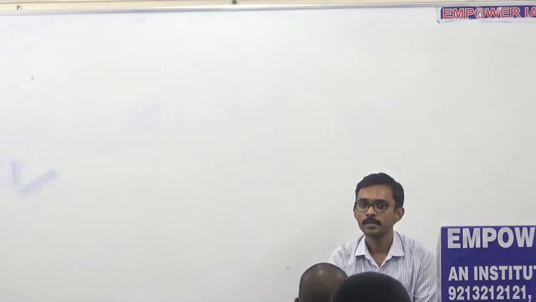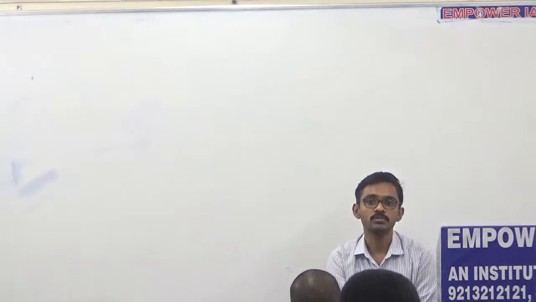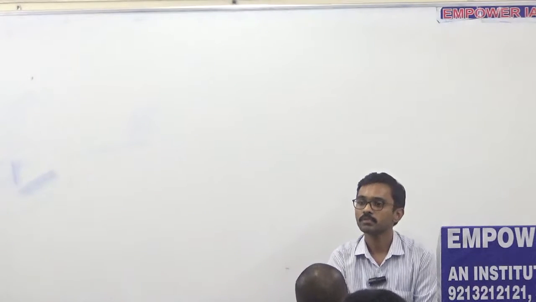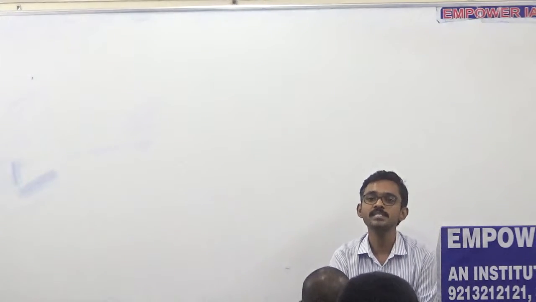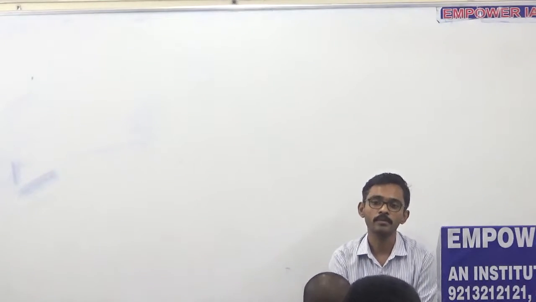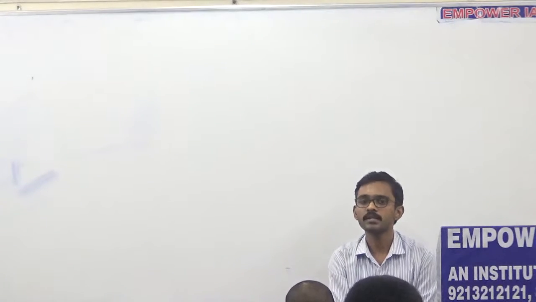Is it clear? See, again, in this case, you have to use your theoretical knowledge of persuasion, social influence, etc. That's why I told you that a case study is nothing but application of theory. Once you are clear and thorough with your theory, you just have to apply it. Okay.